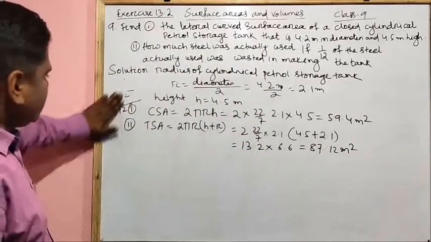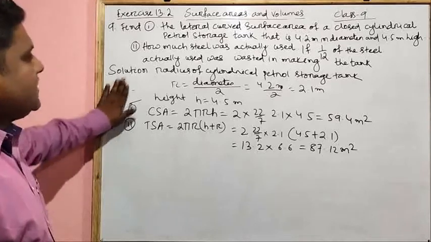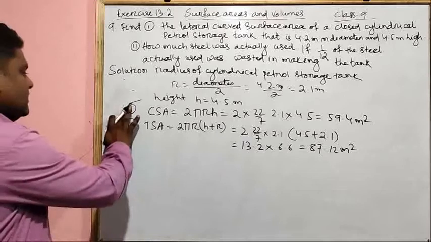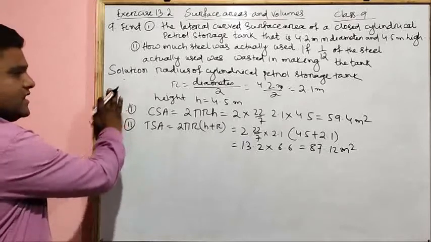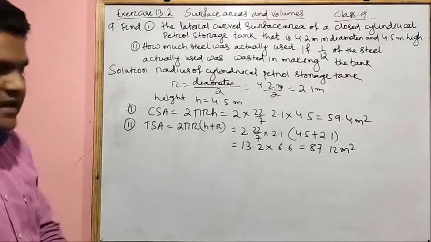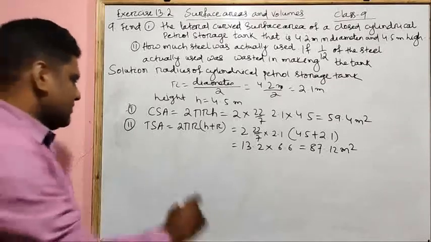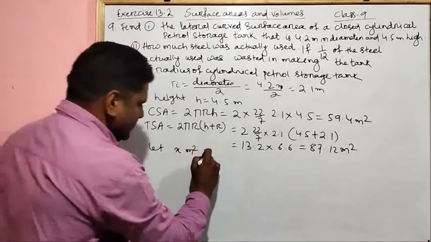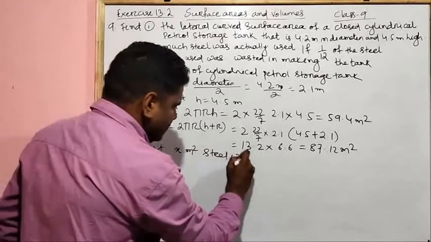Now see the question once again. How much steel was actually used if 1/12 of the steel actually used was wasted in making the tank? Some of the steel must be wasted in making a big material. So let x meter square steel was actually used.